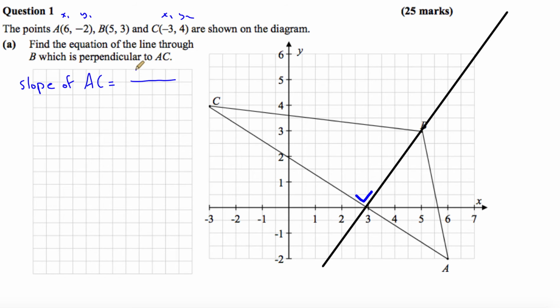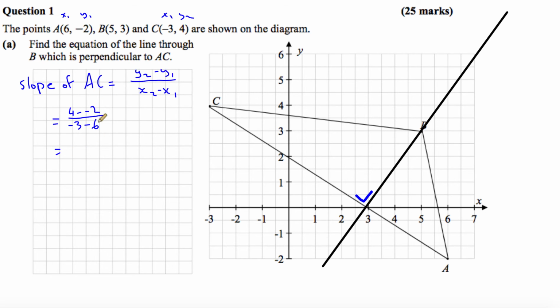So the slope is y2 minus y1 over x2 minus x1, and this formula can be got in your tables book. So that's equal to y2, which is 4, minus 2, all over x2, which is minus 3, minus x1, which is 6.